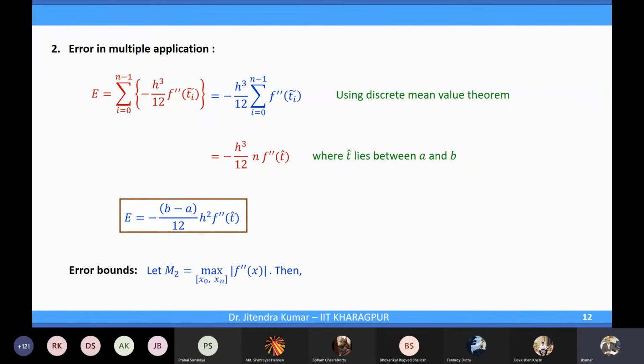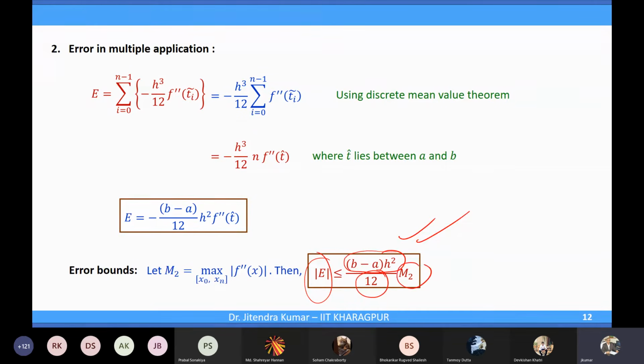If you want to take the bound of the error, because this t hat is not known exactly, the remedy is that you can always take the maximum value. So you look for the maximum over x naught to xn, and then the error e will be bounded by b minus a times h square divided by 12 into M2, where M2 is the maximum of the double derivative in that range.